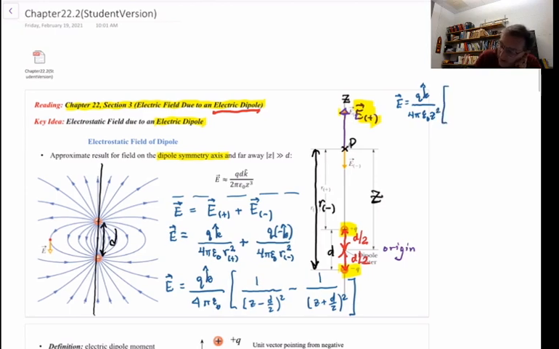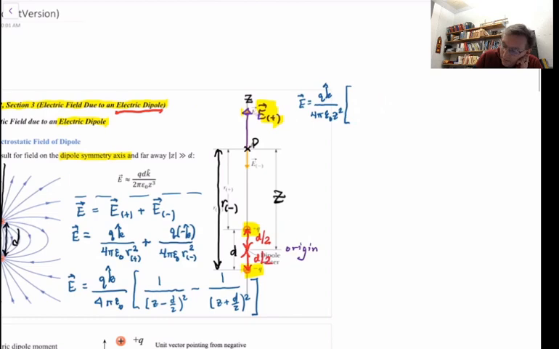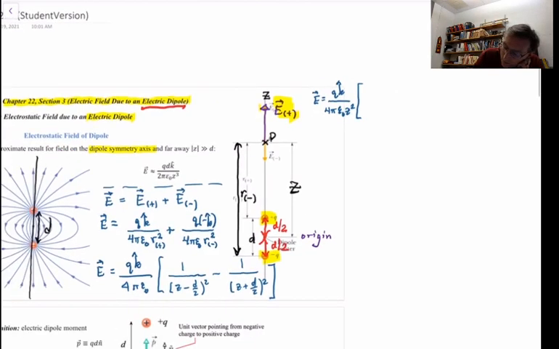What that leaves me with is 1 over (1 minus d over 2z) quantity squared minus 1 over (1 plus d over 2z) quantity squared.